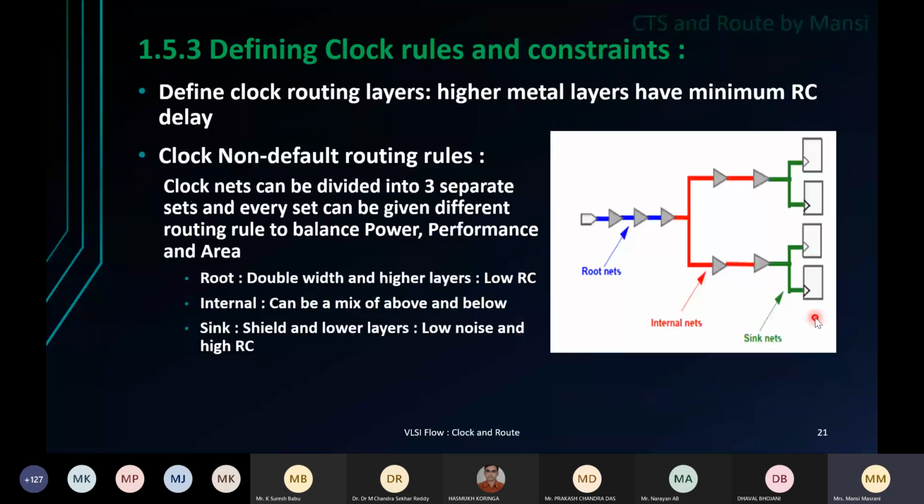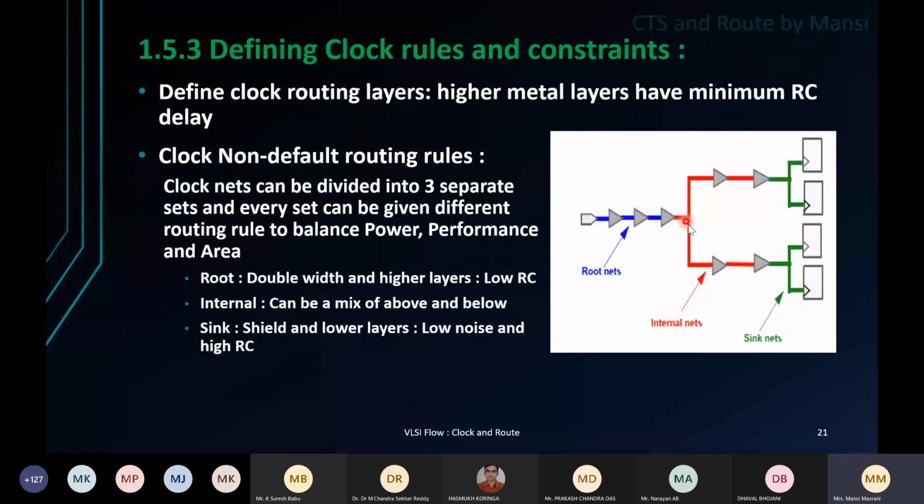The next non-default routing rule is clock nets are divided into 3 separate sets. Starting from the clock definition point to reaching the clock pin of the flop, we divide them into 3 different sets. The first set is called root. What are the root nets? The first initial set of buffers, which we drive in higher metal layers because it has the least delay.